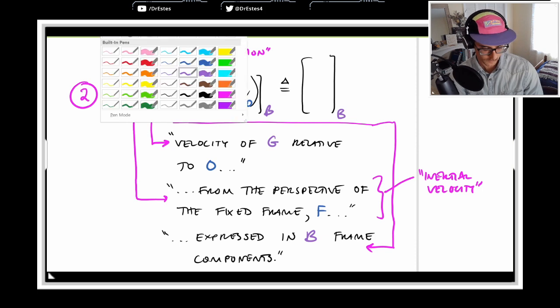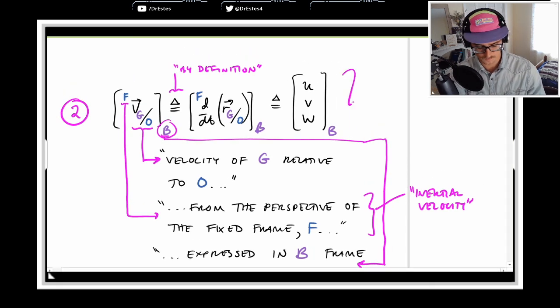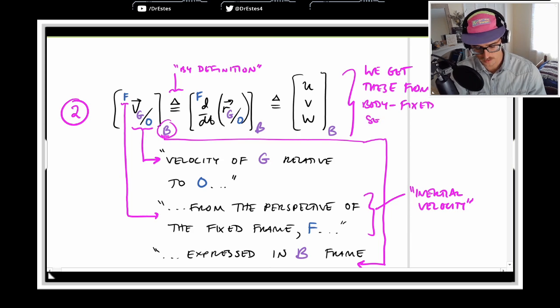And in flight dynamics, we use these variables u, v, and w to represent the inertial velocity projected onto the body frame. And what's so important about these is we get these values from onboard sensors, so from body fixed sensors.